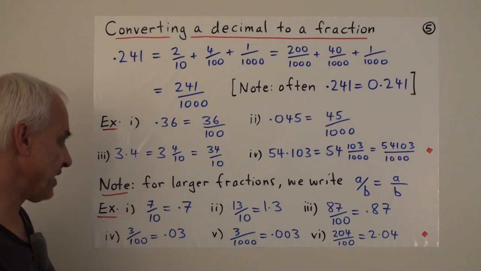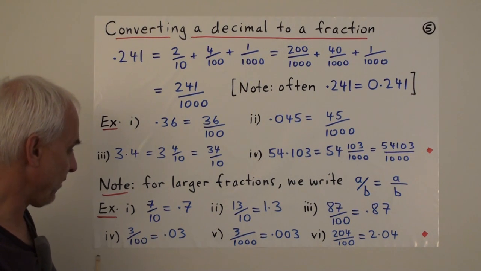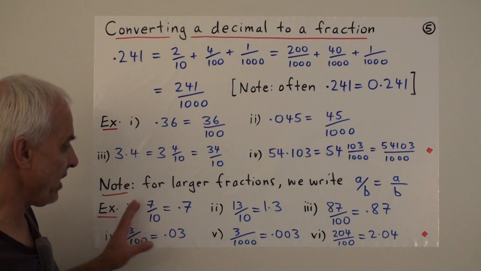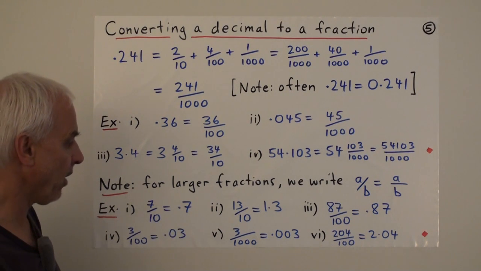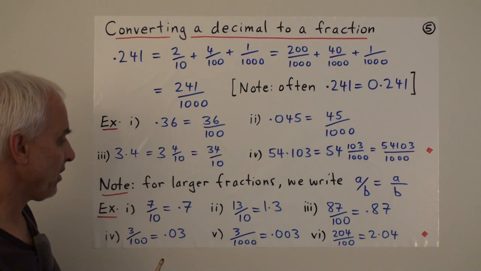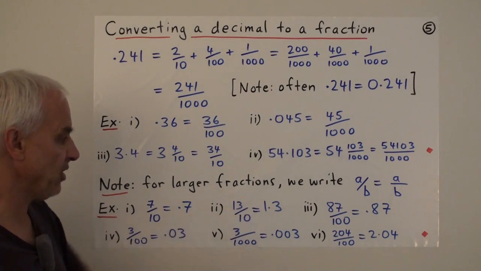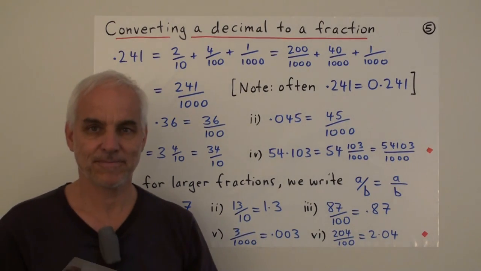So a natural question is, is there some sort of easy way of getting these things? And in fact, if you stare at them for a little while, you'll see that there is actually quite a nice easy rule, an easy method for converting this kind of fraction to a decimal.